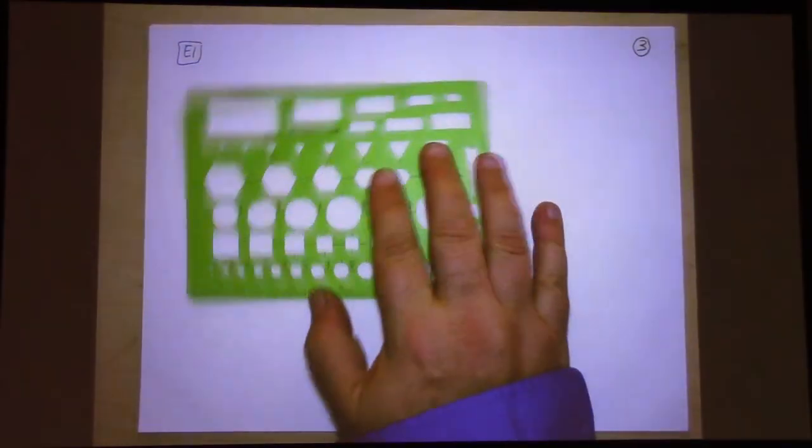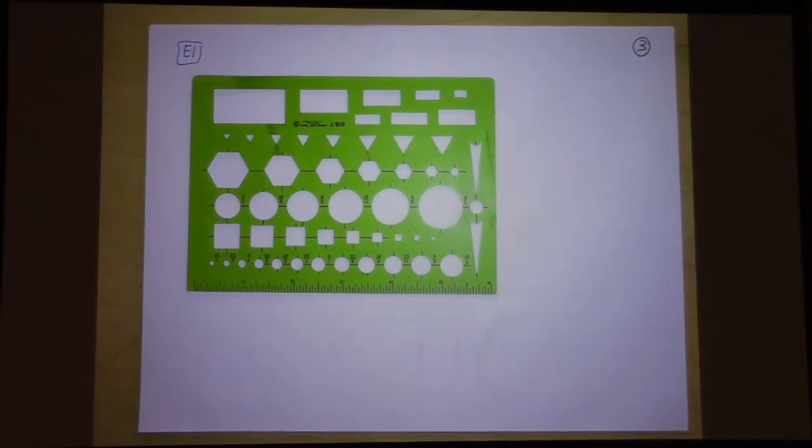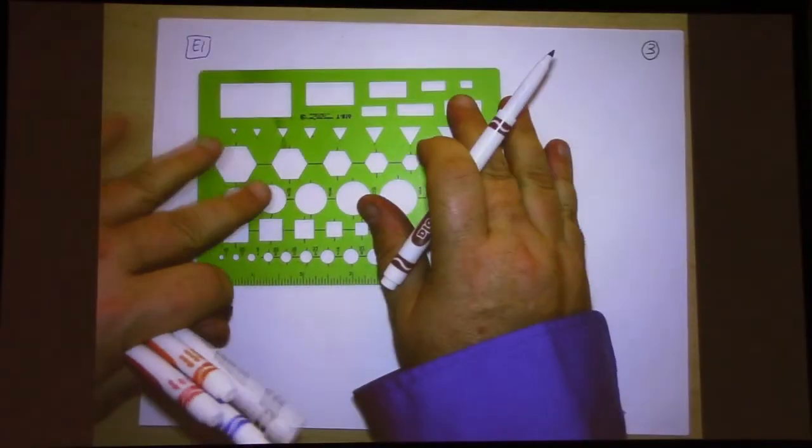So we're on page 3. I'm doing better today. I brought my ruler, so that's good. So you got two lines. I'm going to try to draw them parallel. All right.